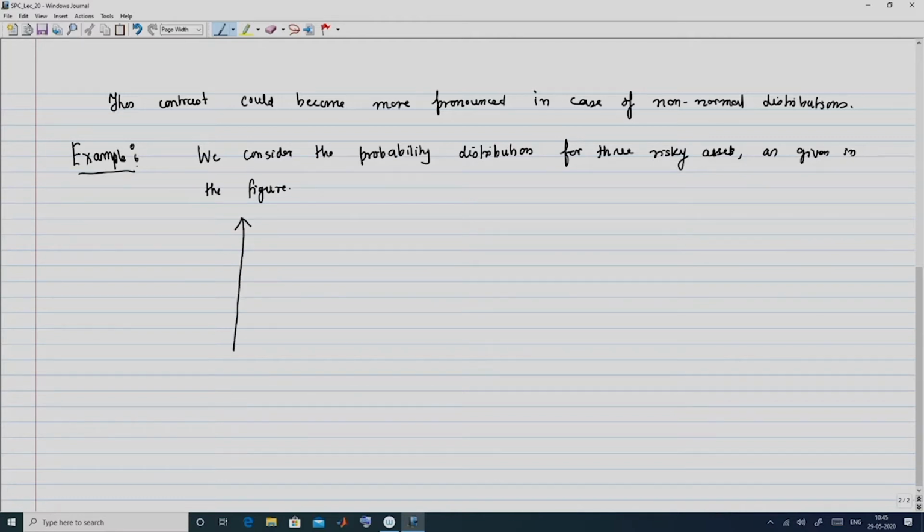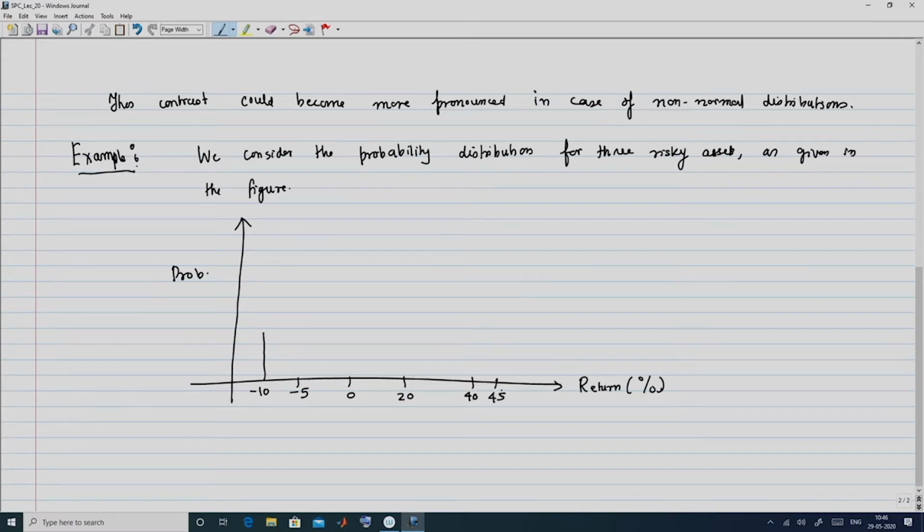So, let us look at how the probability distribution is going to look like. It is going to look something like this. On the x axis we have return as percentage, and on the y axis we have the respective probability. And then let us consider the returns to be -10, -5%, 0%, 20%, 40% and 45%.